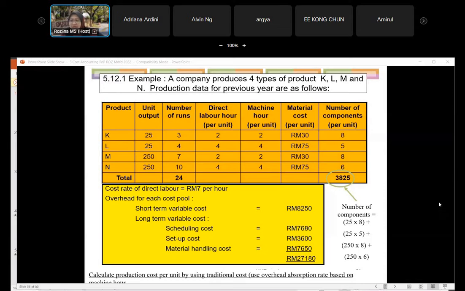Dia ni, live. Tak jawab lah tu. Ni dia ada jawab ni.